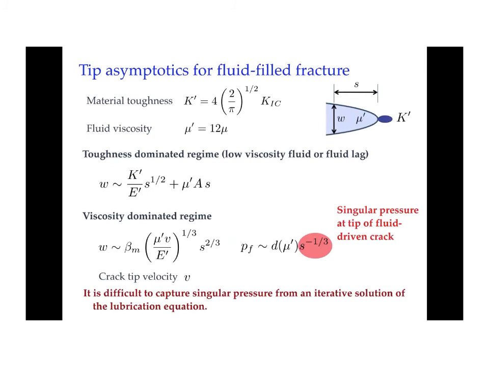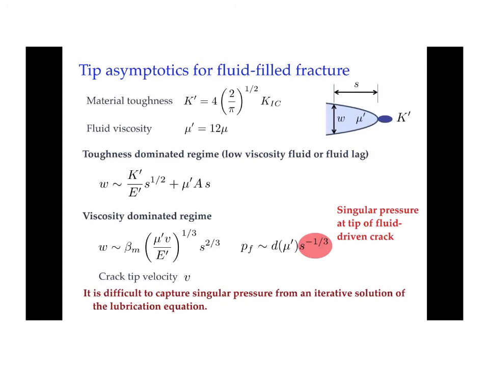Basically, if crack width behaves as S to the power 2/3 in the viscosity-dominated regime, then the pressure will behave as S to the power minus 1/3 within the fracture. This is a mathematical solution to the equations, but when you solve these equations numerically, you need to capture somehow this singular solution, and it's not easy.